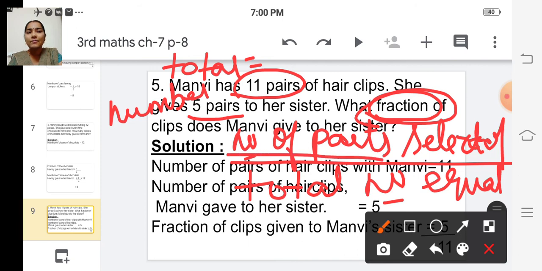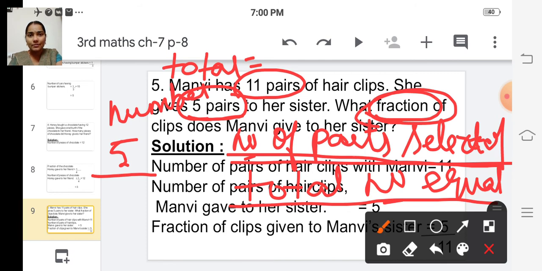So here, number of parts selected means the number of pairs she gives to her sister. How many pairs does she give to her sister? 5 pairs, isn't it? So the numerator is 5. The denominator is total number of equal parts, so here the total number of pairs of clips.